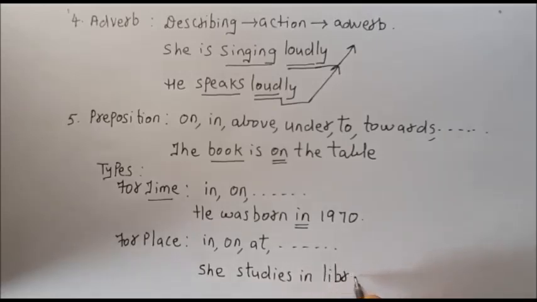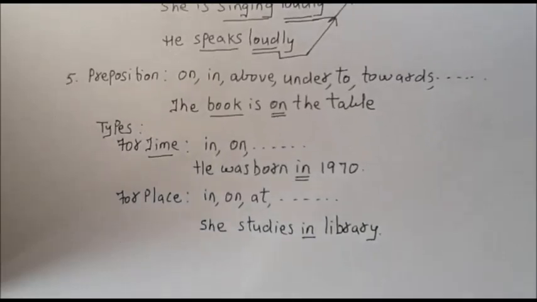Now here this library shows the place where the girl is studying. So it is in. Once again, you can say this in over here is used as a preposition for place.